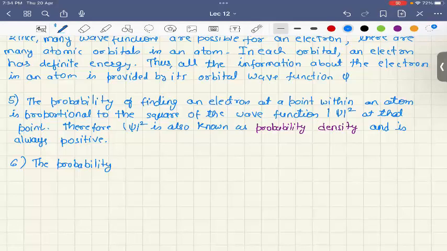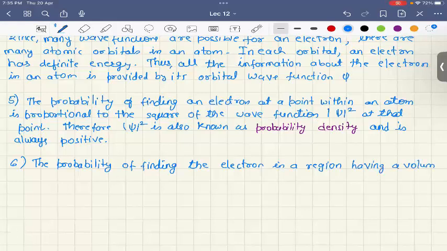The probability of finding the electron in a region having a volume dV can be obtained as psi square into dV, right?